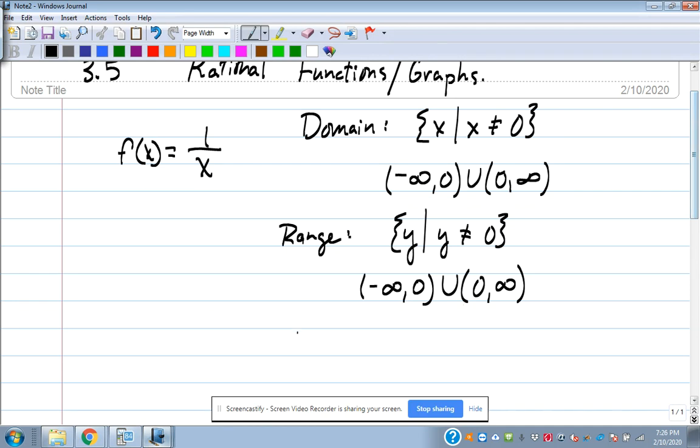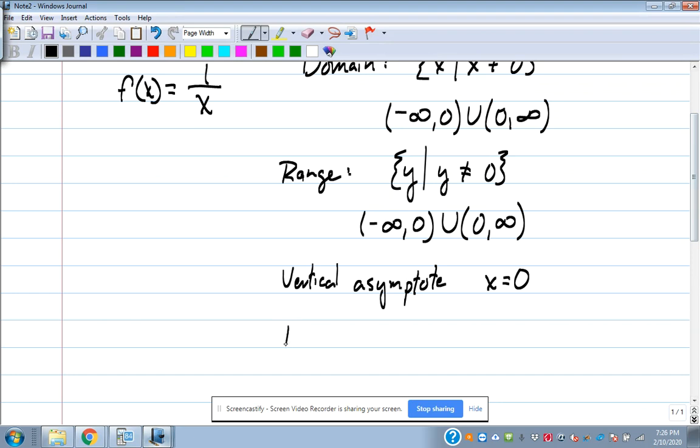Now, there's a vertical asymptote at x equals 0 and a horizontal asymptote, and I'm going to show you these on the graph, at y equals 0.